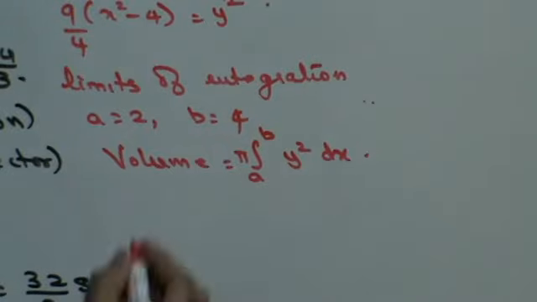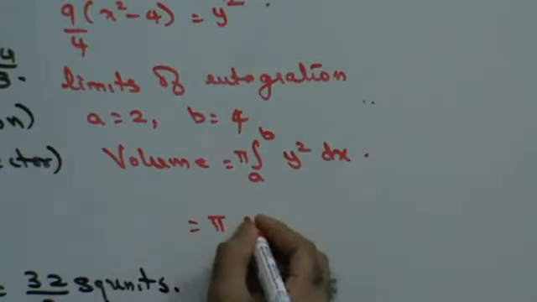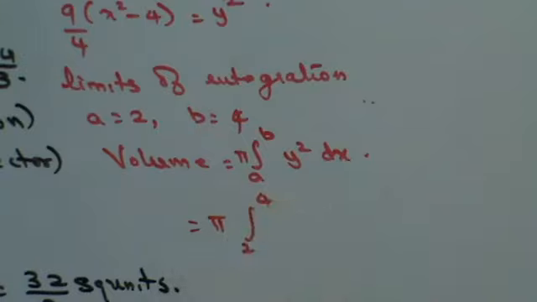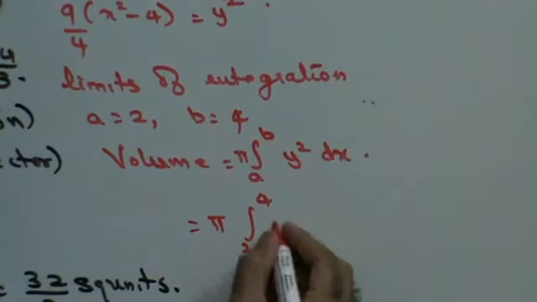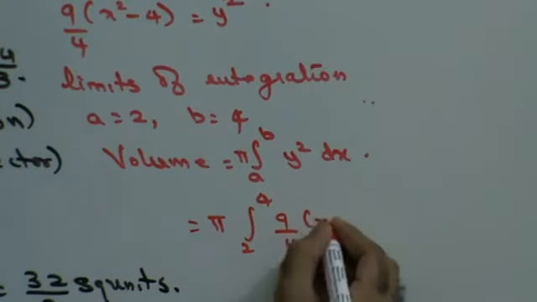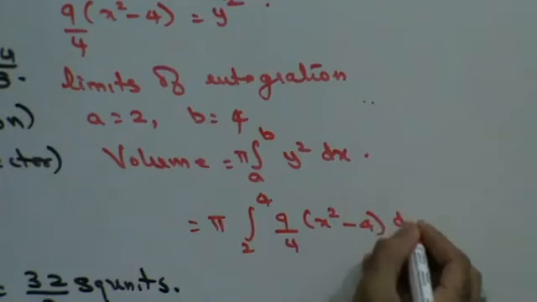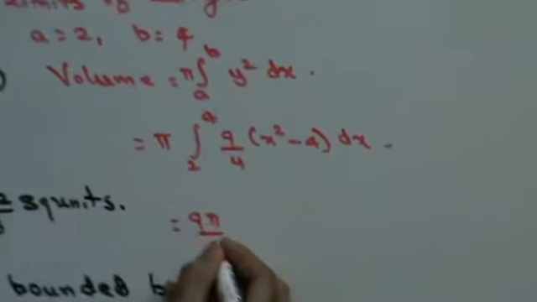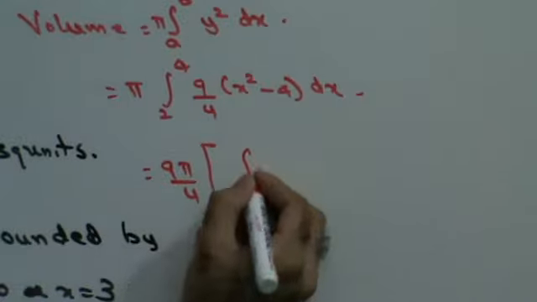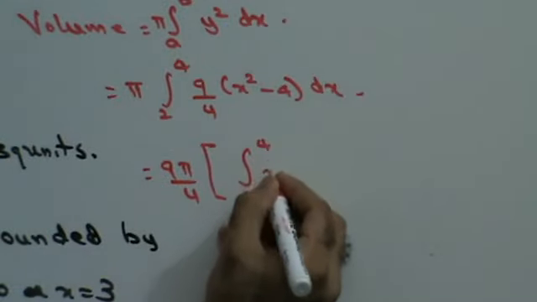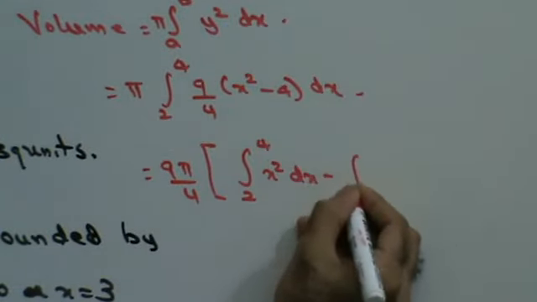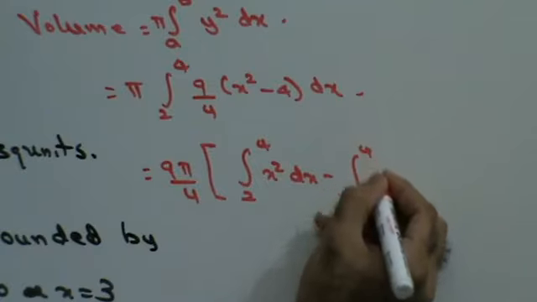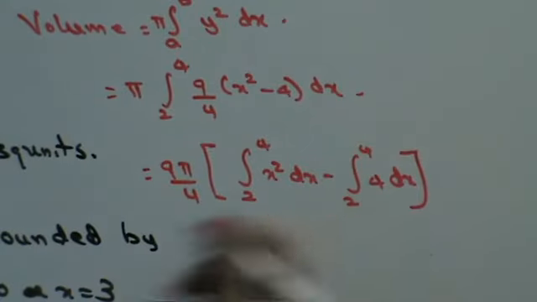So this is nothing but pi times, lower limit is 2, upper limit is 4, y square is nothing but 9 by 4 x square minus 4 dx. Constant goes out. In that case, you will have 9 pi by 4 integral of 2 to 4 x square dx minus integral of 2 to 4 dx.